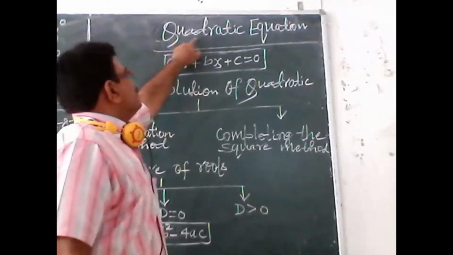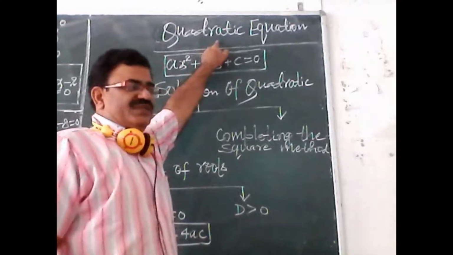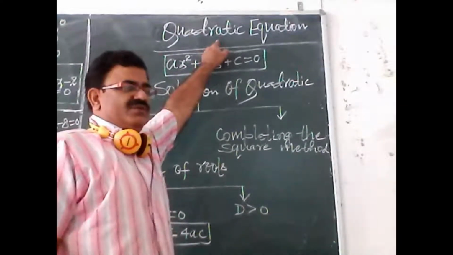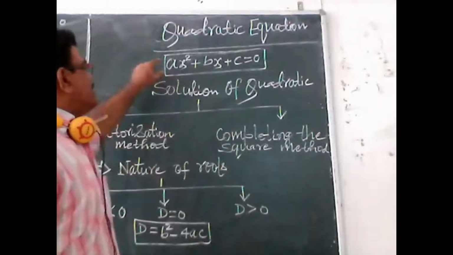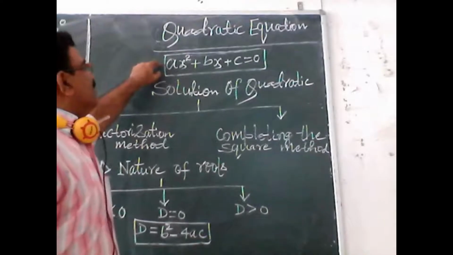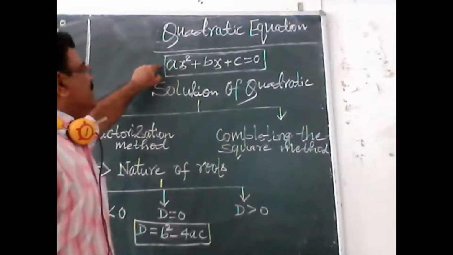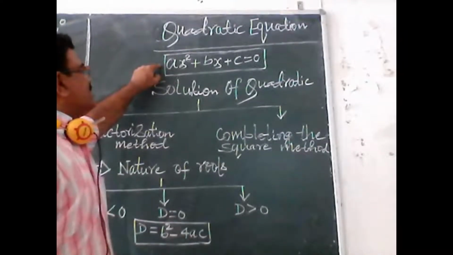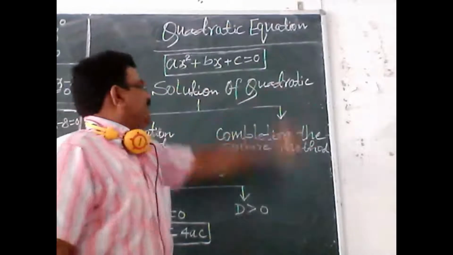Quad means two, and ratic, that is the equation whose power is 2. Equation is already known to us. So in chapter 4, we will discuss quadratic equations, and its general form is ax square plus bx plus c.